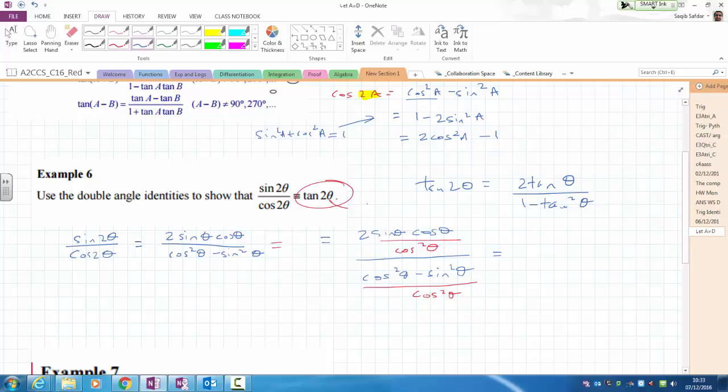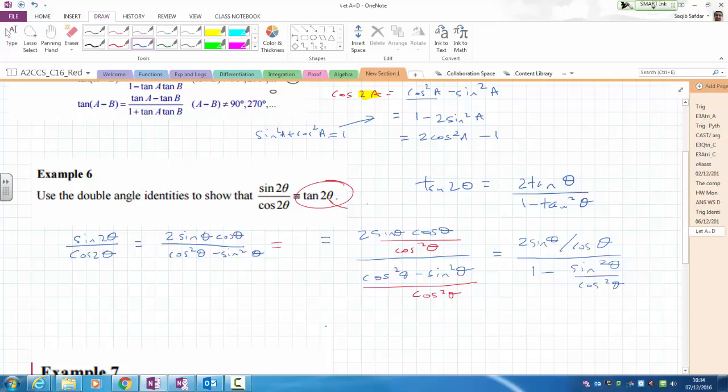And then we can see that the numerator, the top part, will be 2 sine theta divided by cos theta, divided by the denominator, so I've got coses on both of them. Cos squared divided by cos squared is just 1. Take away my sine squared theta over the cos squared theta.